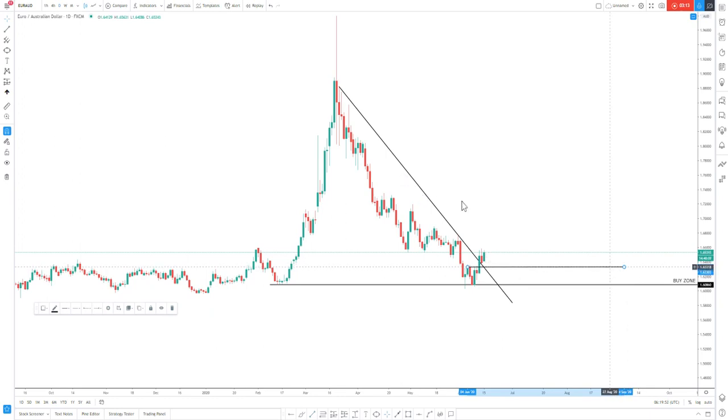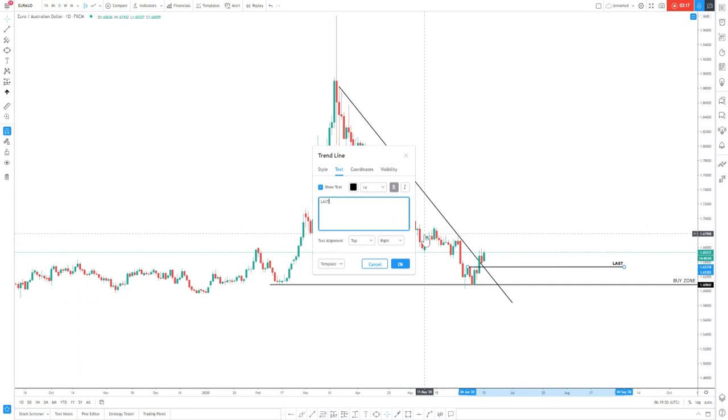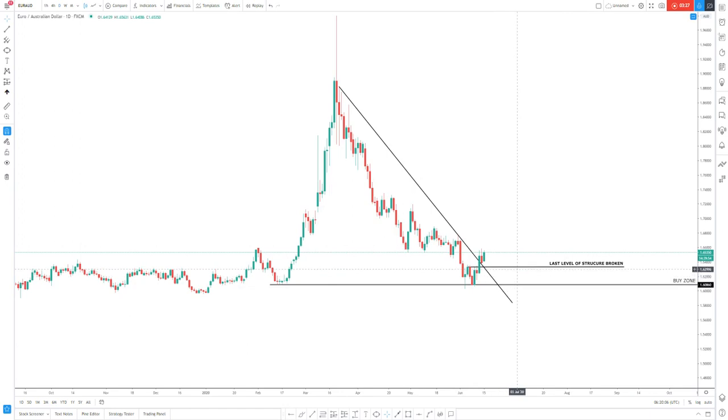So I can just tag it as the last level of structure broken. There's also a major area of structure, which is this area.